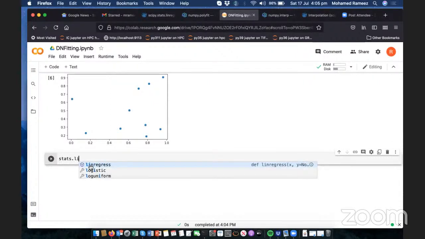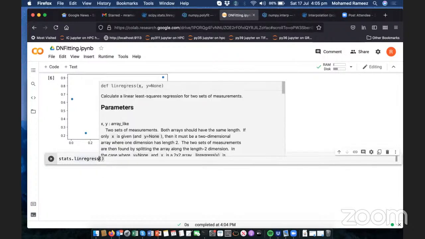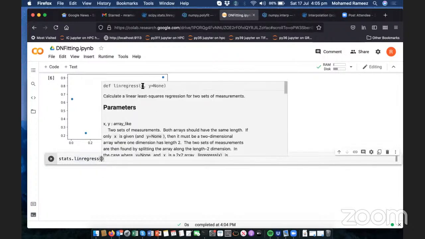Yeah, so notice that it is telling me that there is a function within stats called linregress.